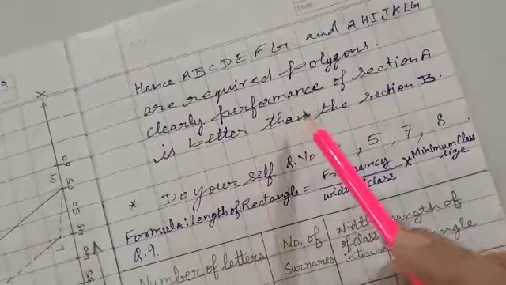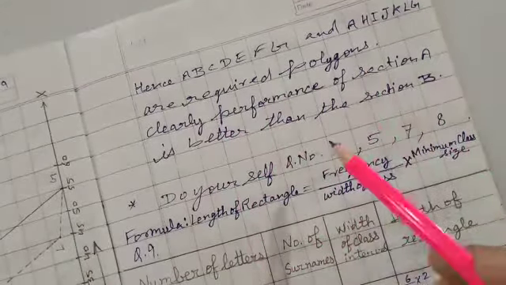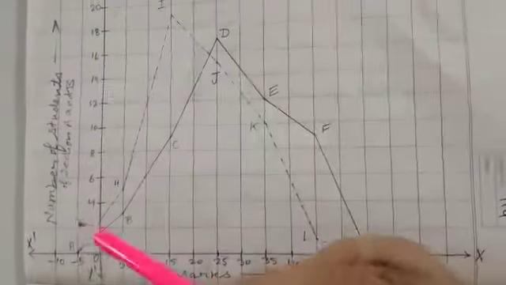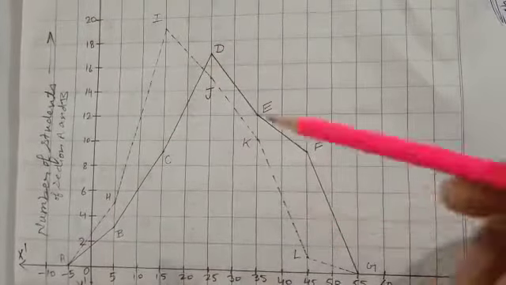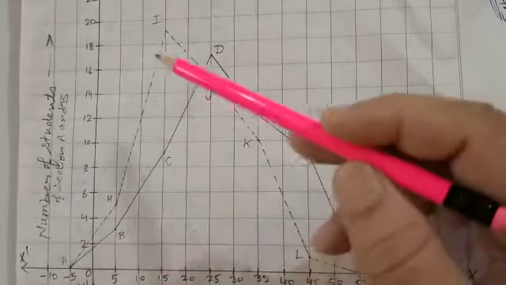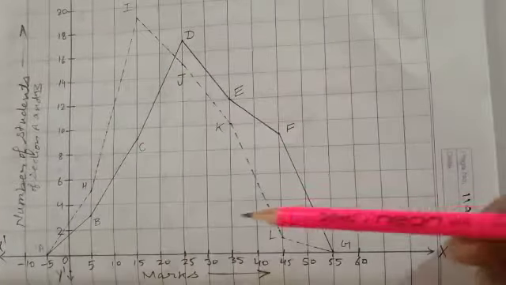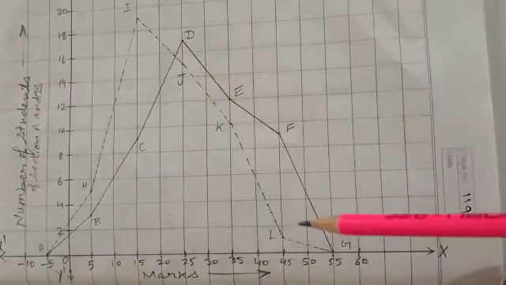Clearly, performance of section A is better than section B. From the graph, clearly we see that performance of section A is better than the section B.